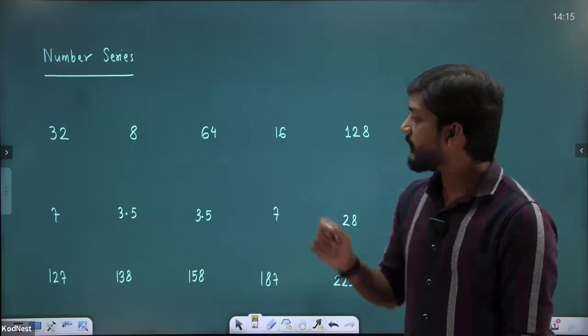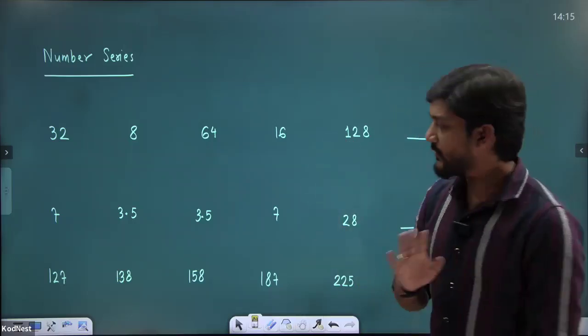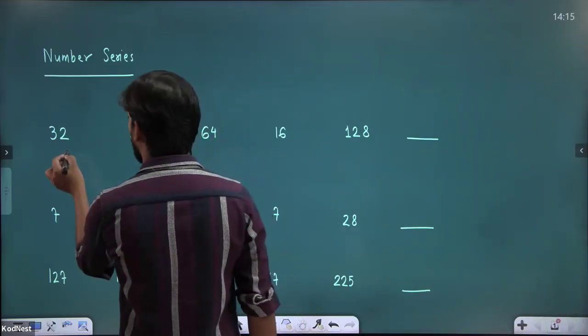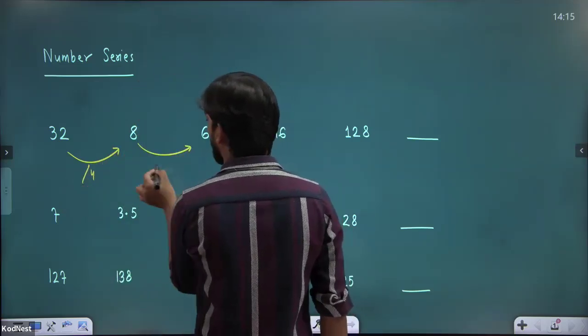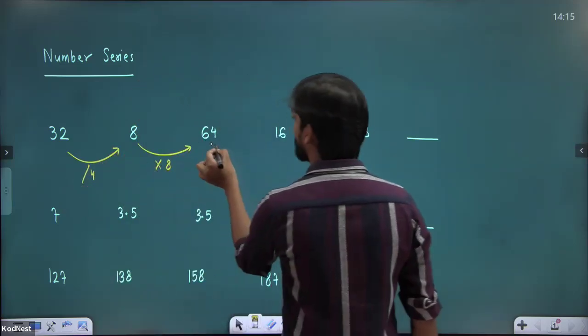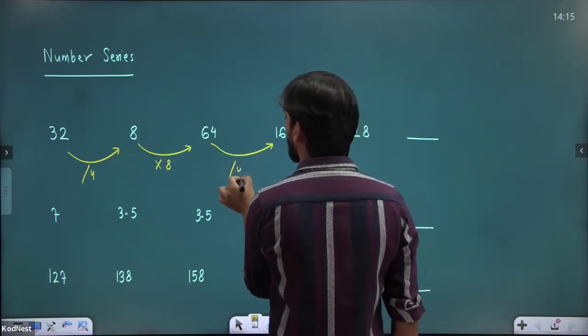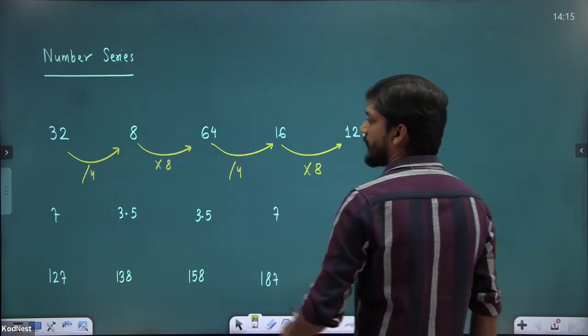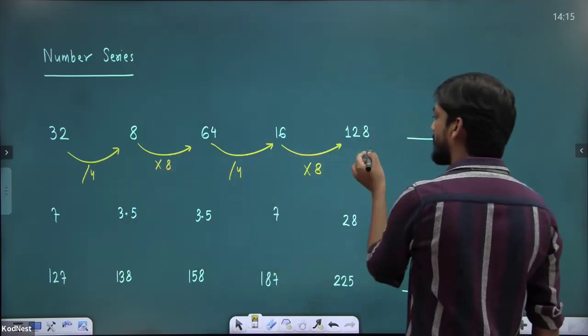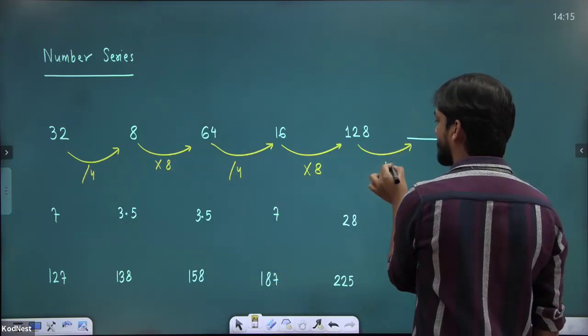This is what I am clearly observing. So based on this, I will not try plus and minus. I will write 32 divided by 4 is 8, multiplied with 8 is 64, divided by 4 is 16, then 16 into 8 is 128.